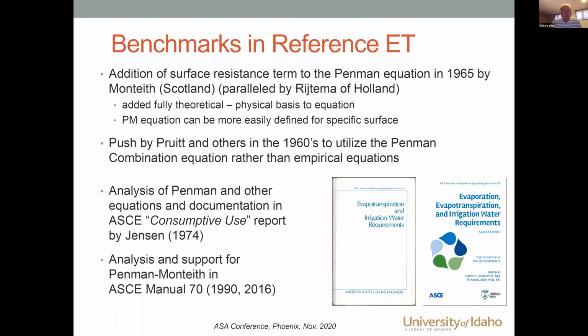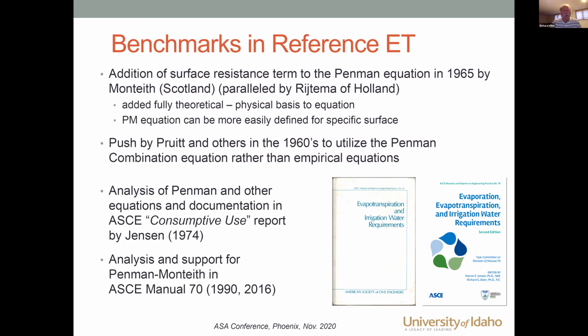A few benchmarks in reference ET, as we talked about: in 65, Monteith added the resistance terms to the Penman equation. That was actually in parallel with Rijtema of Holland, who also in 65 in a Ph.D. dissertation brought in the resistances. So those two activities happened in parallel.